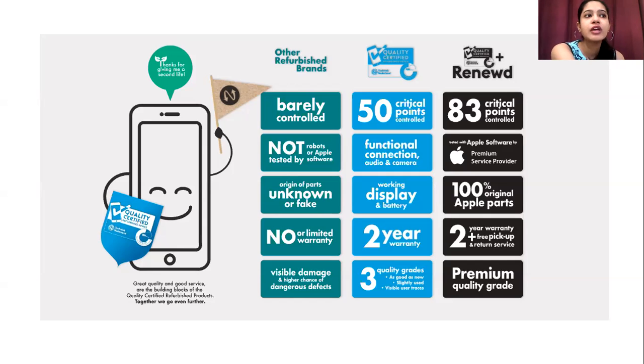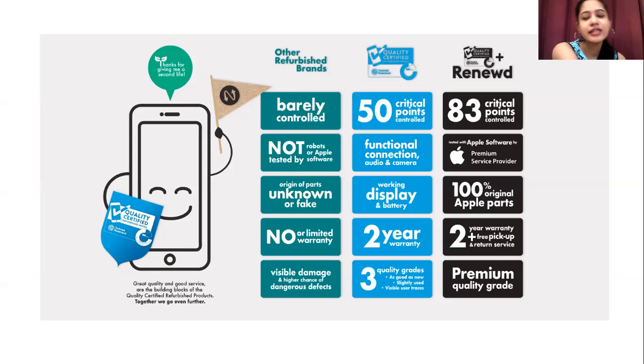If it has sensors, then all kinds of sensors have to be tested. Even the hotspot, Bluetooth connectivity, all the things have to be checked. Like the 3.5 jack has to be checked. So all the specifications which we read, which we study about any gadget once it is launched, they all have to be checked.